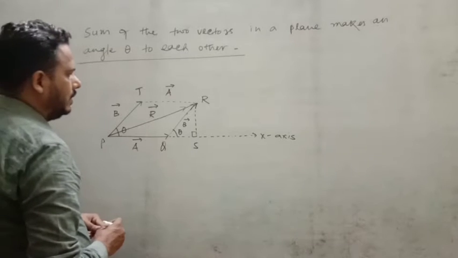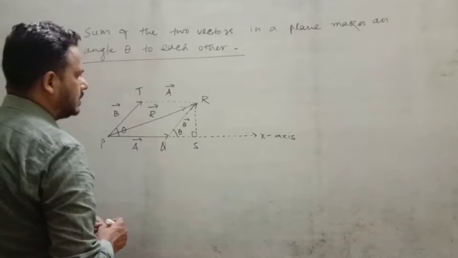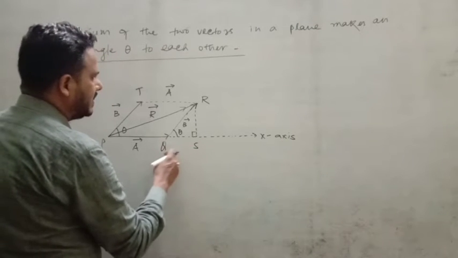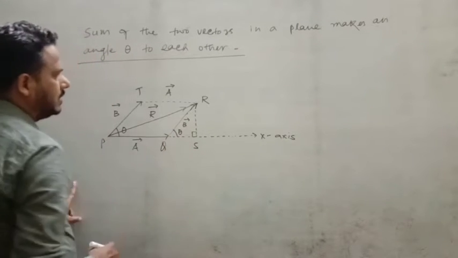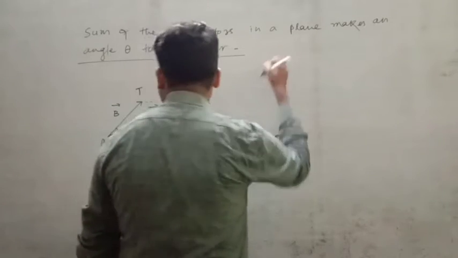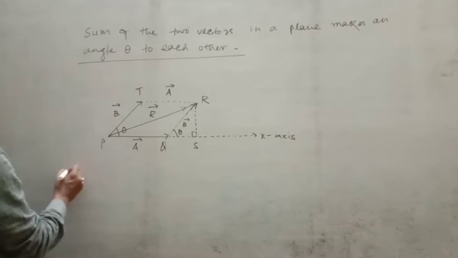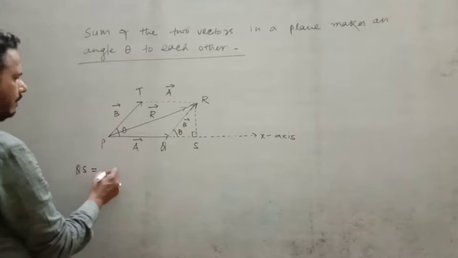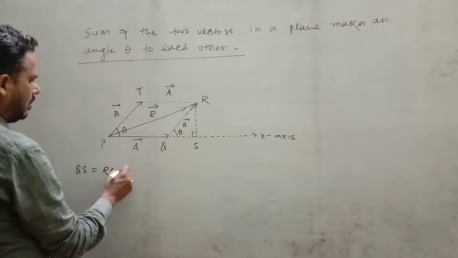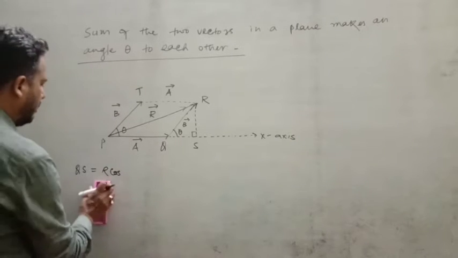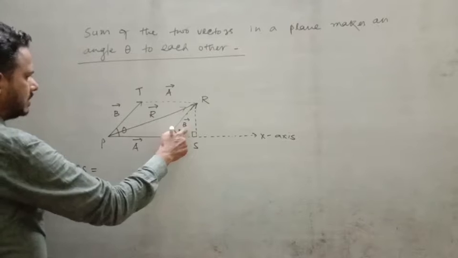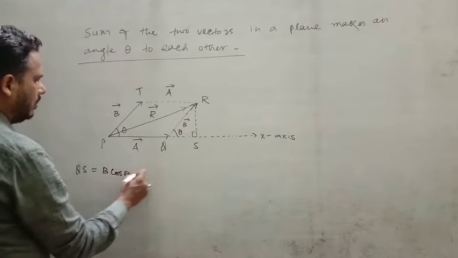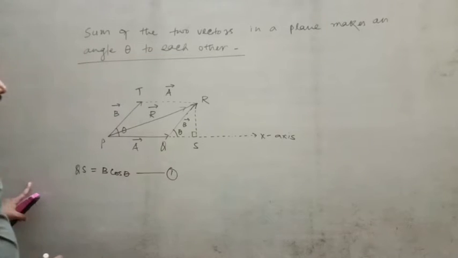So first calculate QS. Magnitude of QS is magnitude of B times cos of the angle, so B cos theta, as equation 1.